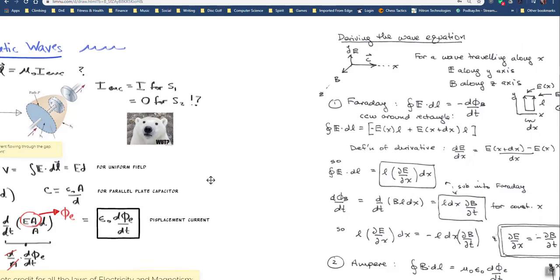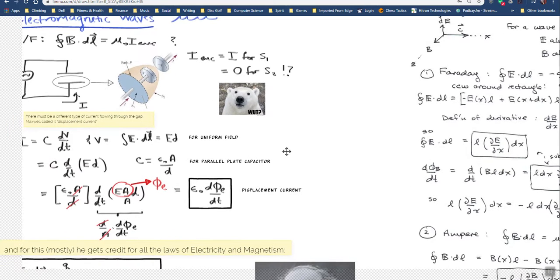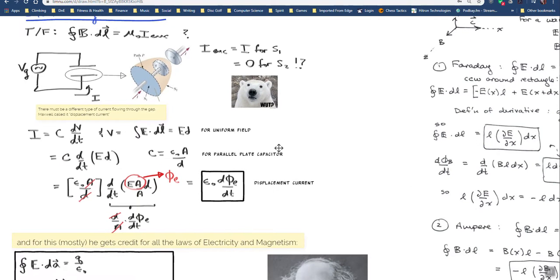But I like to think, what would I have done if I were around in 1840 and I knew that the current through a capacitor was C dV/dt, and I knew that the voltage in a constant field was just the value of the electric field times the distance between your voltage probes. So we know V equals Ed and I equals C dV/dt. Let's put those together. Make this substitution for V. Instead of dV/dt, I have d(Ed)/dt.